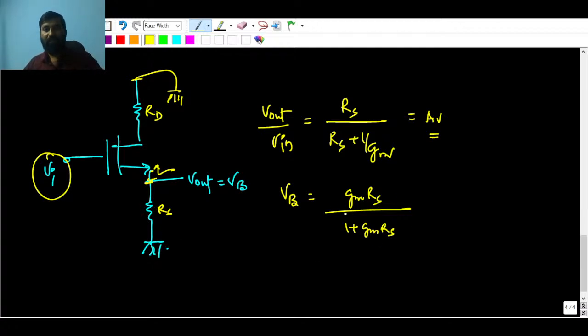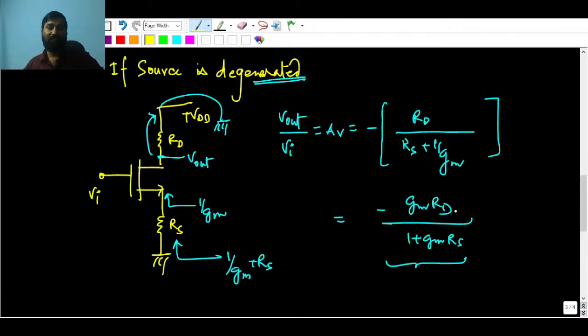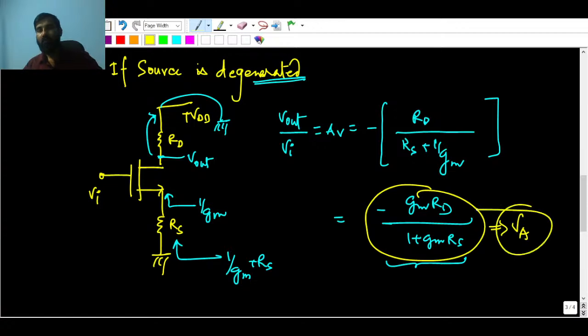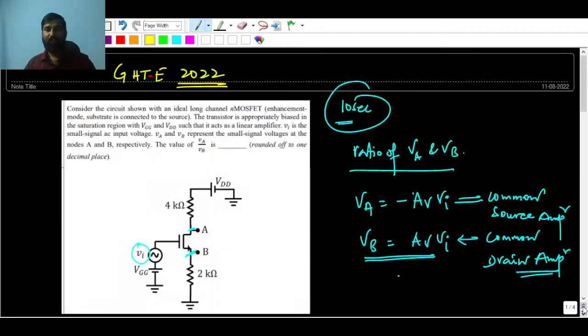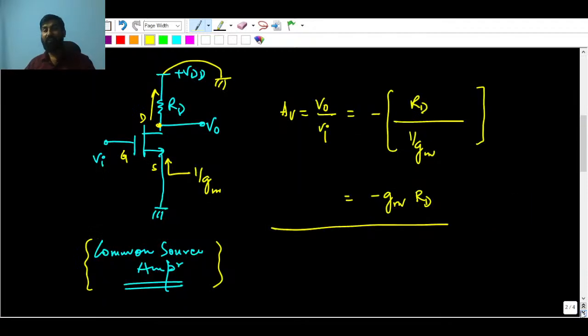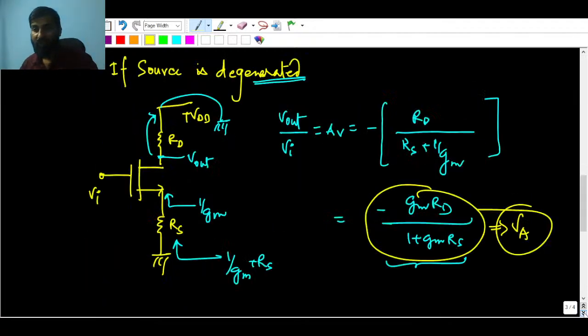So this is VB, and this is VA. Now take the ratio, no problem. Let me go back and tell you here. So now you have to take the ratio. 1 by Gm RS is common in both cases.